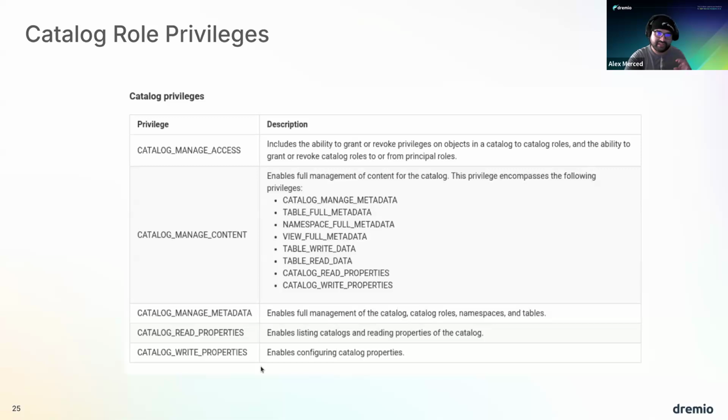So you can really curate what each specific role can and can't do at a very granular level by assigning all these different privileges to each of those catalog roles. Create the framework of role types that you need, and then going forward, all you have to do is keep assigning the right catalog roles to the principal roles, and then assigning the right principal roles to principals, so they have the access that they need.